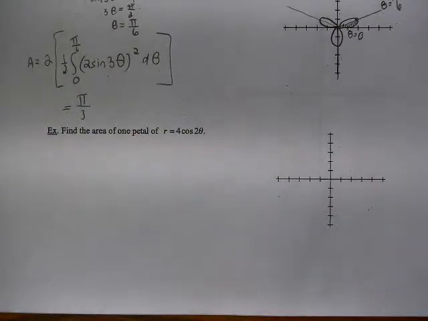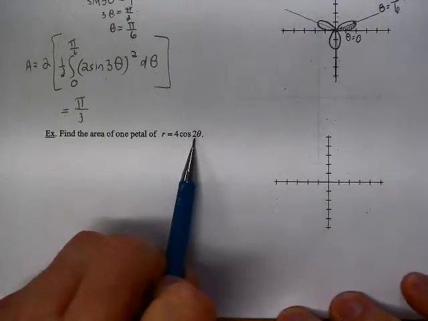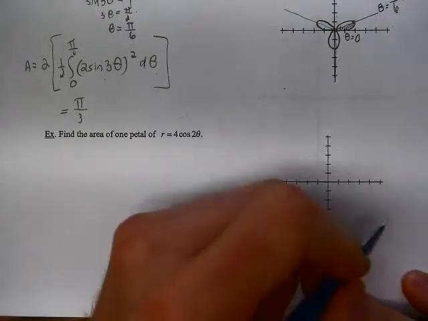In the next example, we want to find the area of one petal of r equals 4 cosine 2 theta. So we have to think about what this graph is going to look like. We have 2 theta, so we're going to have 4 petals.